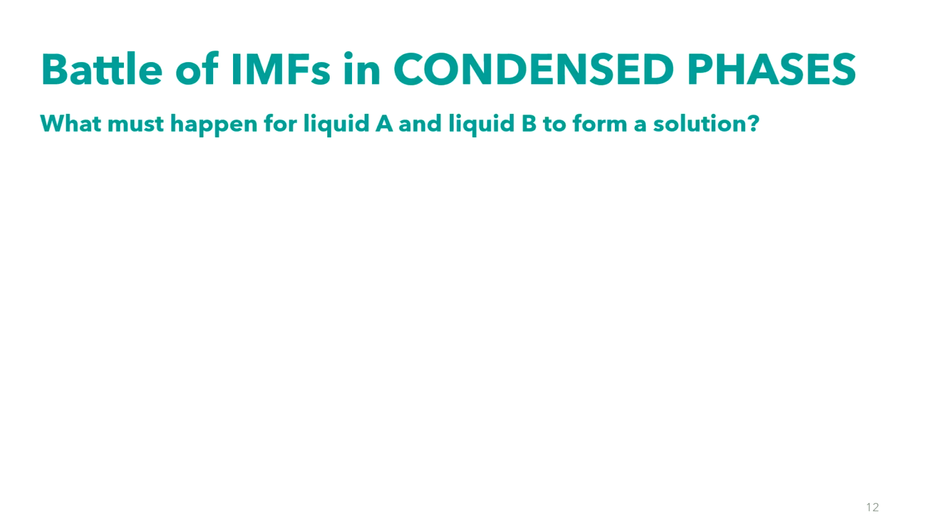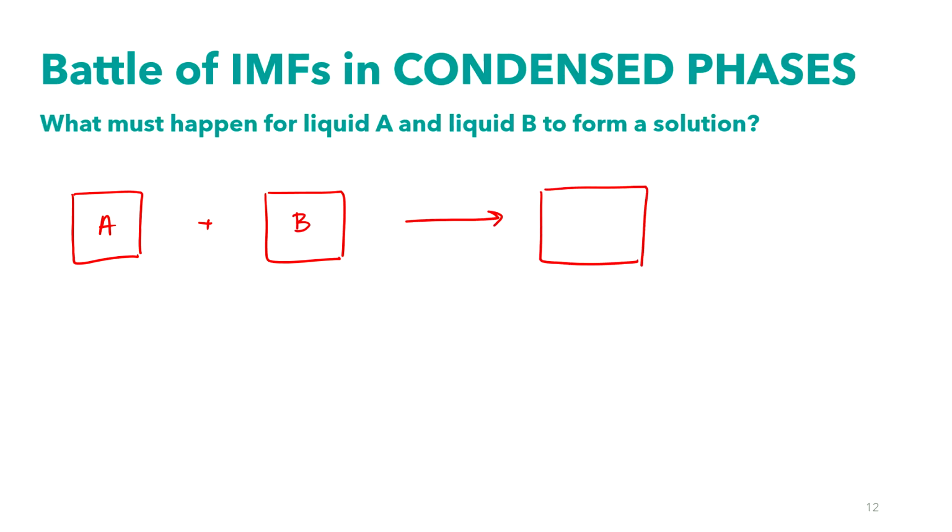All right, so I've got my cup of A, and I've got my cup of B. And I'm wondering, can I make a cup of A and B that are mixed, like a homogeneous solution? So what does that mean?